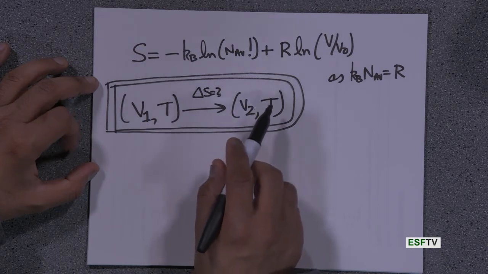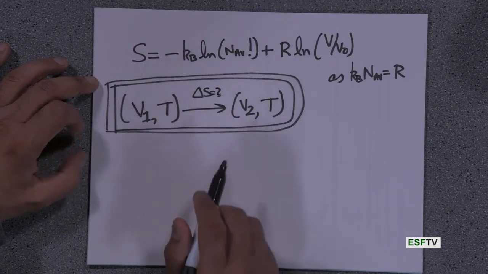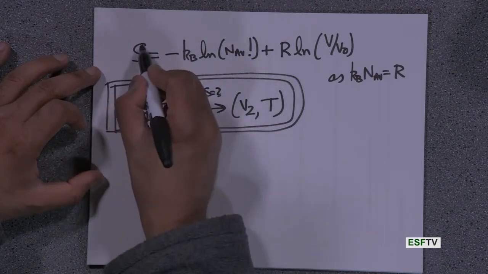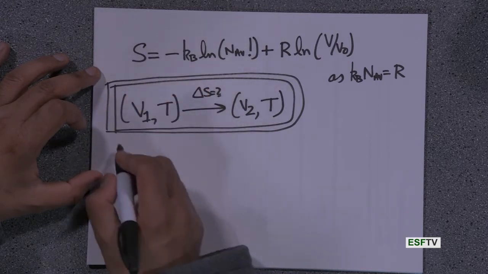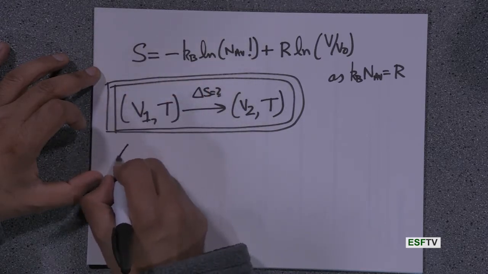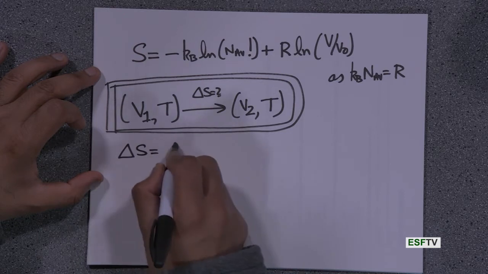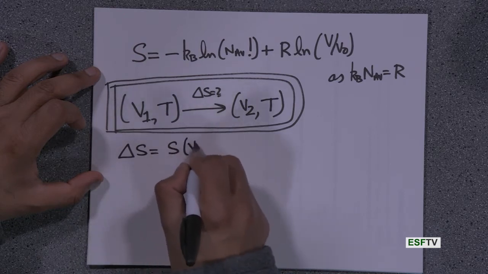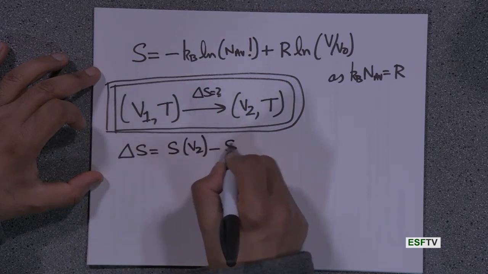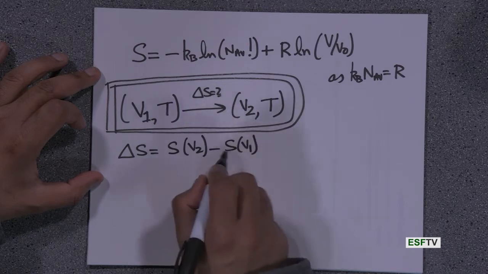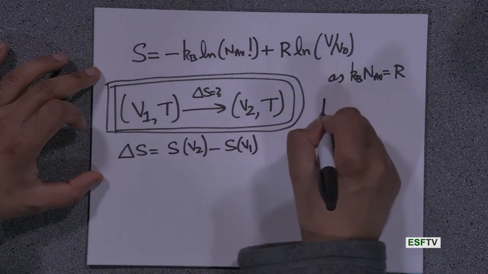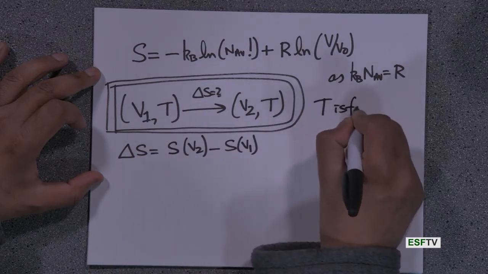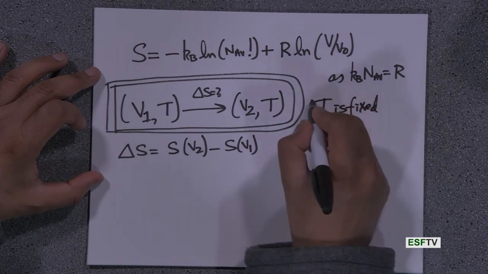We will see why it's important to keep the temperature the same in a moment. Working with this expression for the entropy, we have delta S is going to be S when the volume is V2, minus S when the volume is V1, same temperature T, the temperature is not changing, T is fixed here.